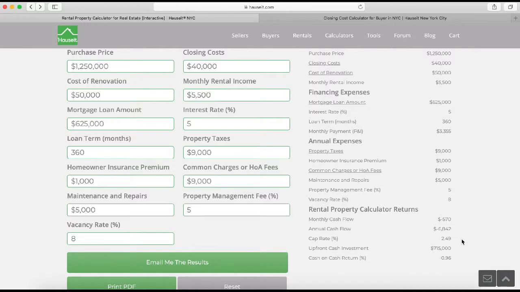You certainly can get higher if you go into further out neighborhoods. Bed-Stuy, Crown Heights might be a nice hybrid between the low risk type investment qualities of something in Manhattan plus a little bit of upside.